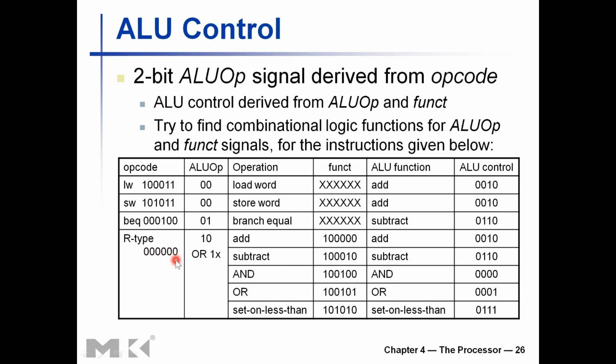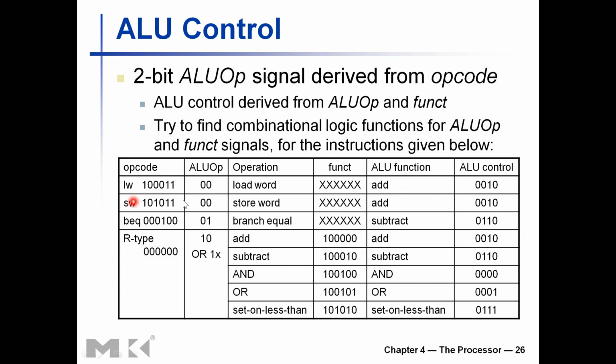The functionality of the ALU for R-type instructions is designated by the funct field, the function field at the least significant 6 bits of the instruction encoding. For load word, the ALU should perform addition of the immediate operand to the base register value, and therefore the ALU control signal should be 0010 for addition.